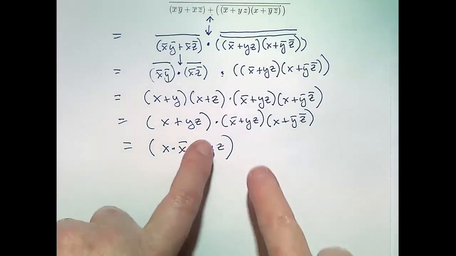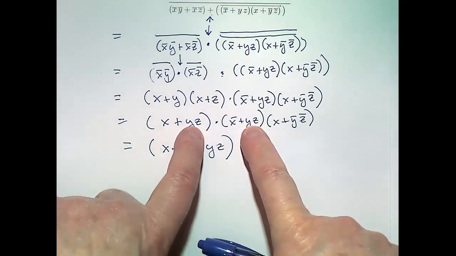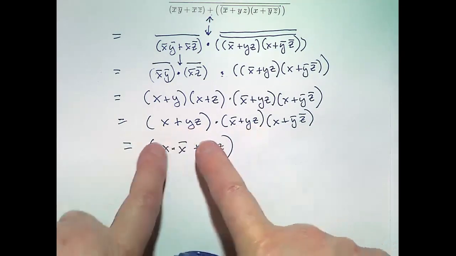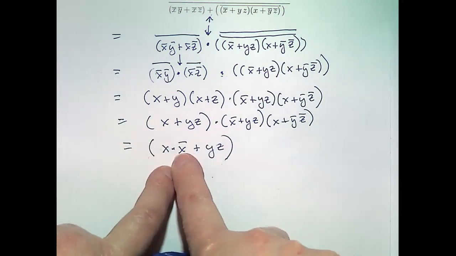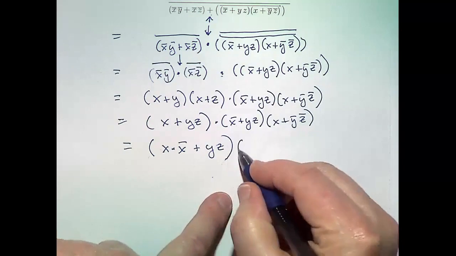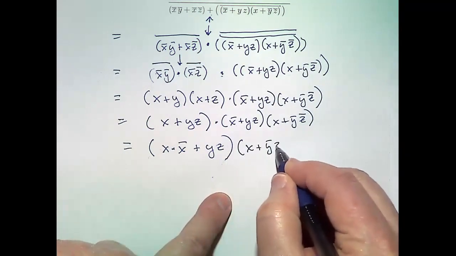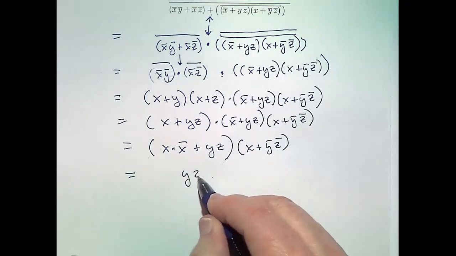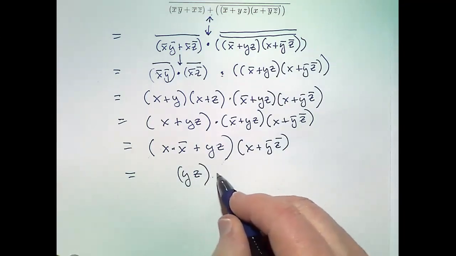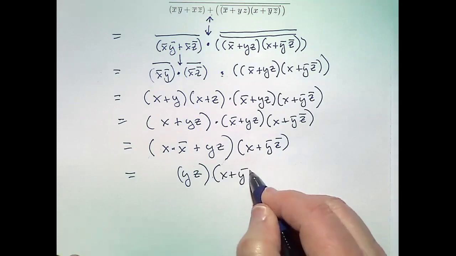Yeah. Okay, so now we have yz in common, right? And so we pull a yz out of both of these, leaving behind an x and an x bar, which are still anded. And then we have this guy. Okay, so this is 0, so it's going away. So we just have yz and x plus y bar z bar.